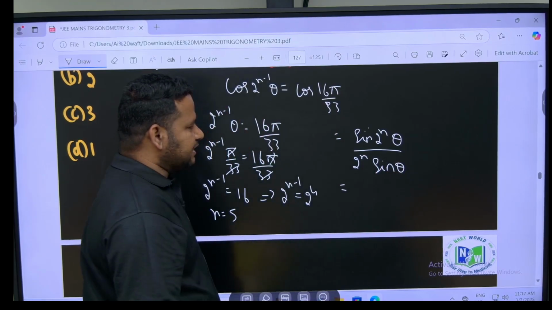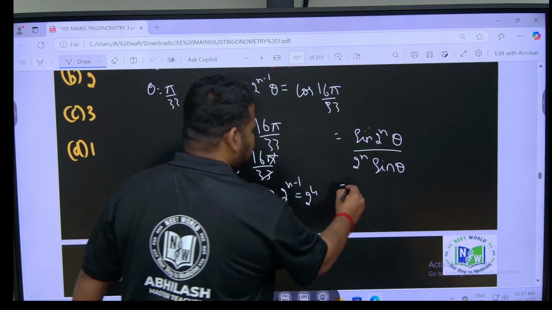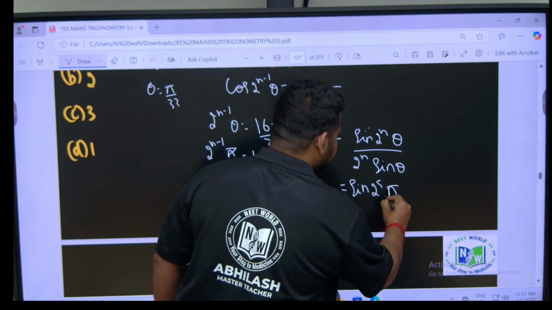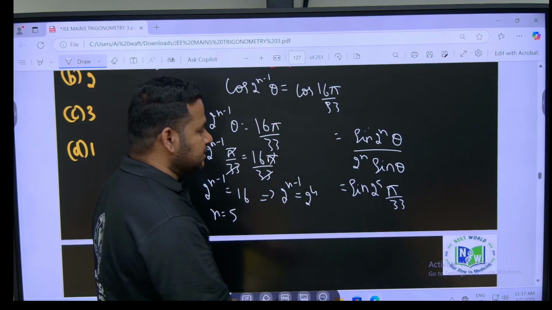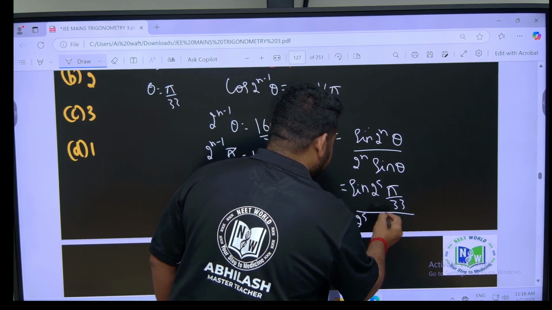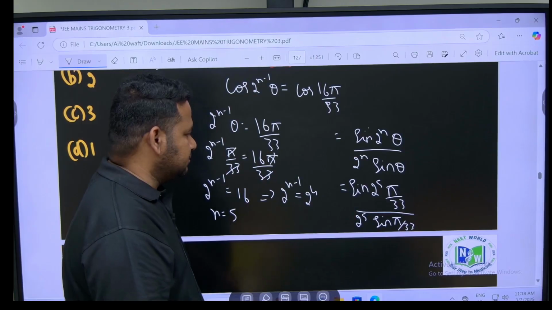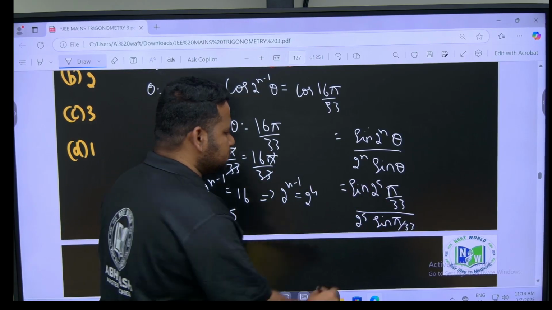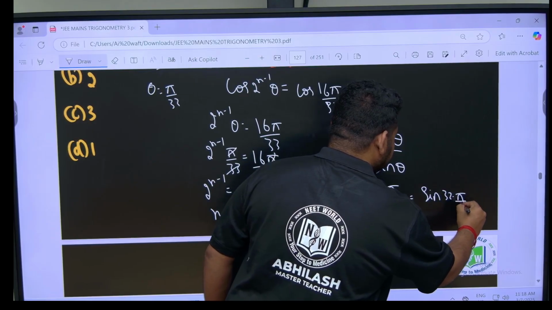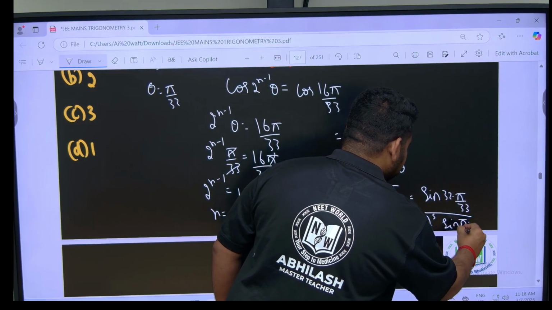So sine of 2 to the power of 5 into theta, where theta is pi by 33, divided by 2 to the power of 5 into sine of pi by 33. 2 to the power of 5 can be written as 32. So this is sine of 32 into pi by 33 divided by 2 to the power of 5 into sine of pi by 33.